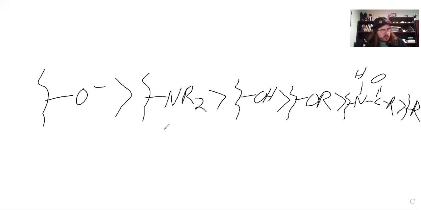Then OH and OR. And an amide, less stable because the carbonyl group is going to be electron withdrawing, and it's going to pull electron density away. And so in that way, it's going to destabilize this a bit. Still, that resonance structure will have some effect.